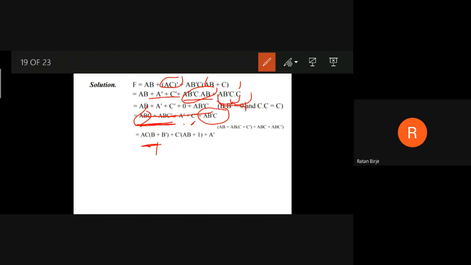Then I have taken C bar, then AB plus 1, and A bar I have kept here as it is. Is this step understood?